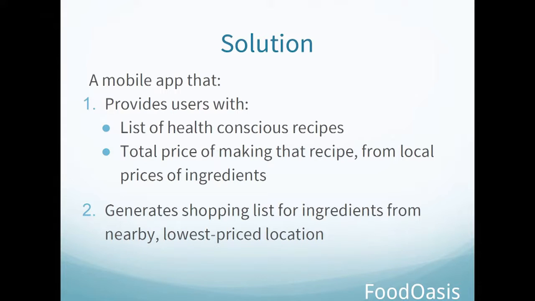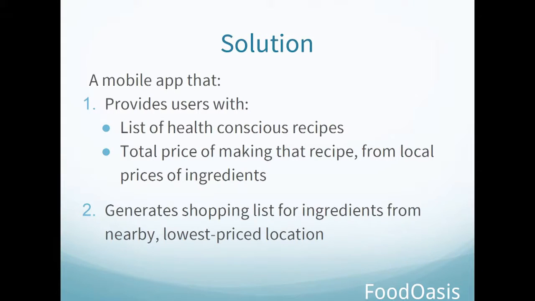We've got the total price of making that recipe from local prices of ingredients, so local rather than just estimated, so that you know what the exact price is. And lastly, we generate the shopping list for ingredients, from your nearby lowest price location or your closest location.